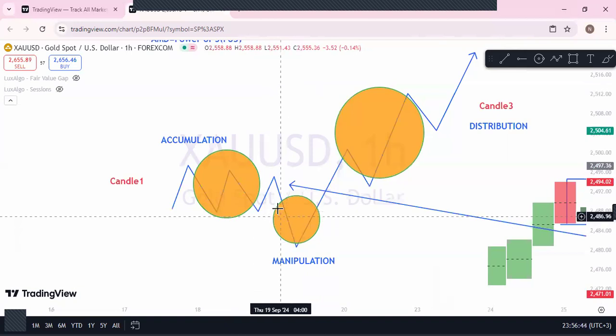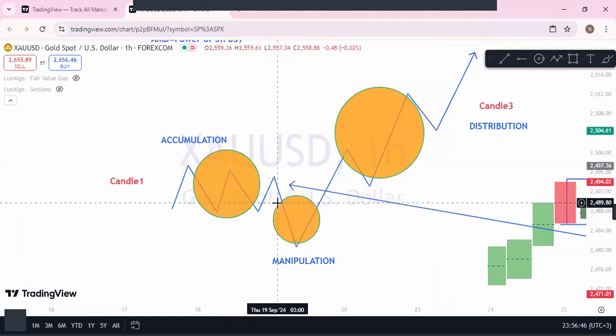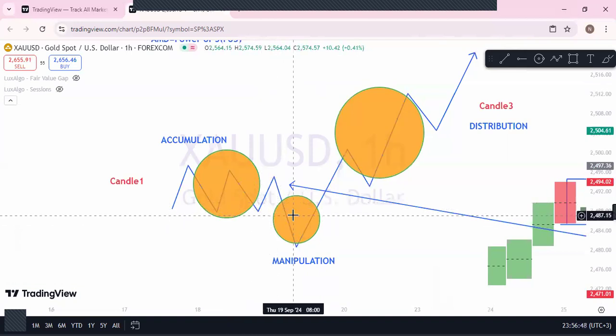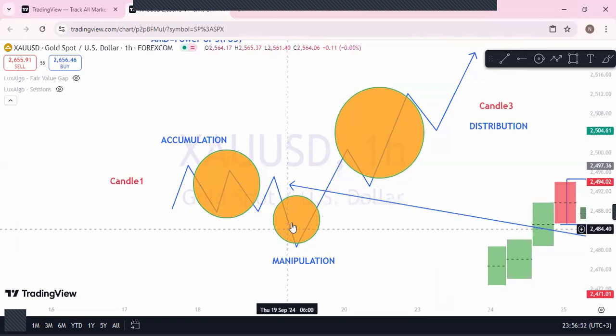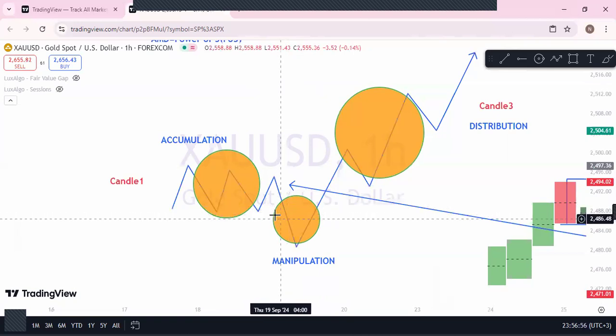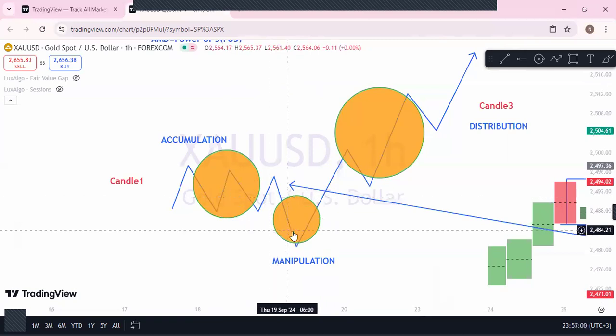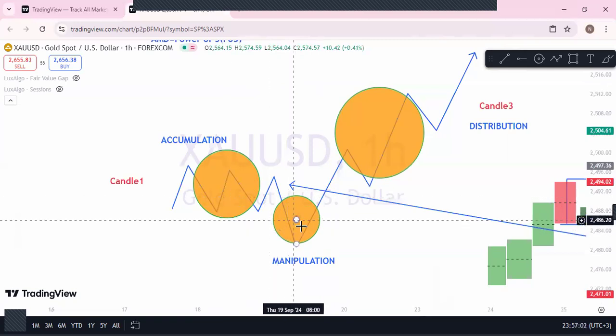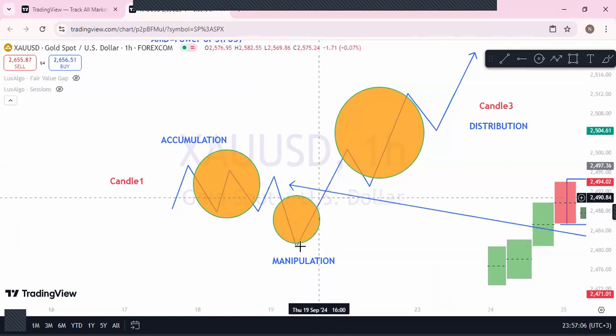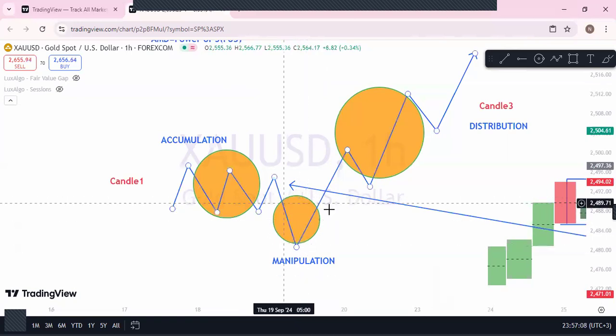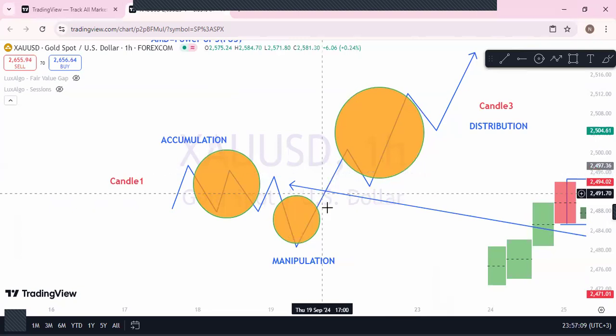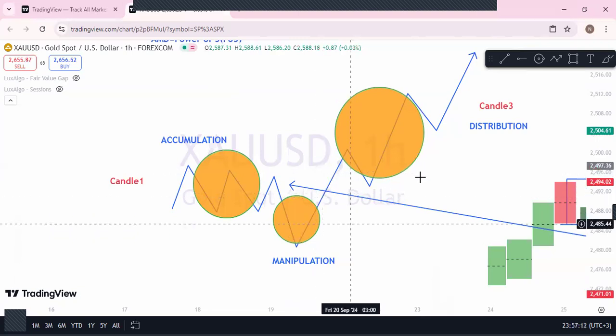Most of the people will think that the market has changed direction, but it has not changed yet. This is where most of the people will sell or buy, in a bullish or bearish state. At this point, we are supposed to wait for the price to manipulate, and then look for an opportunity on the third stage.